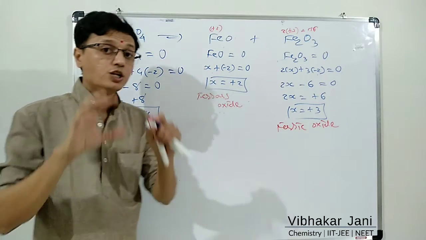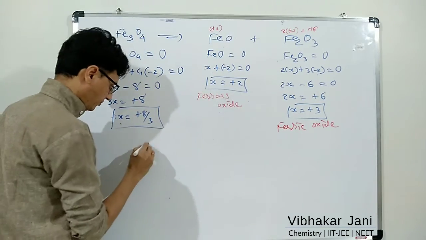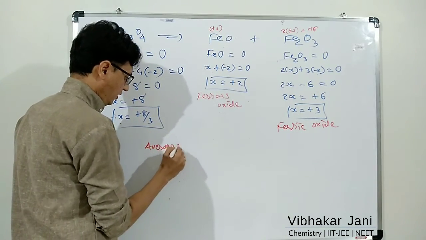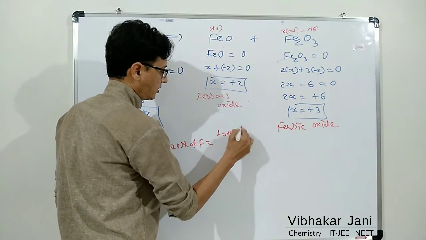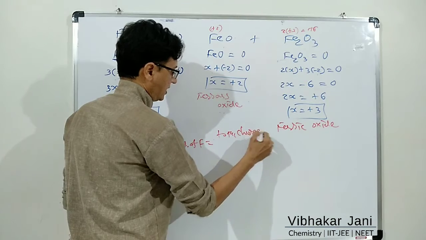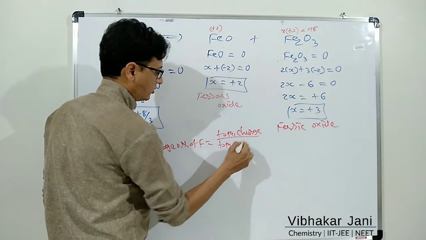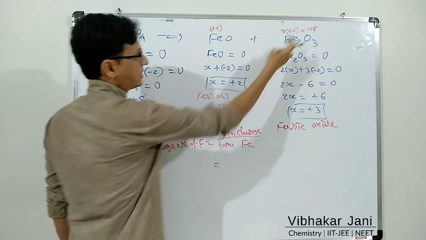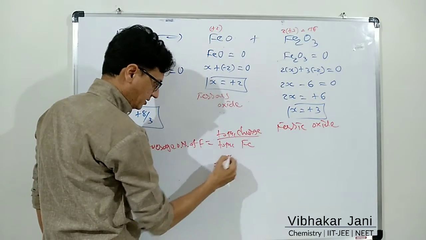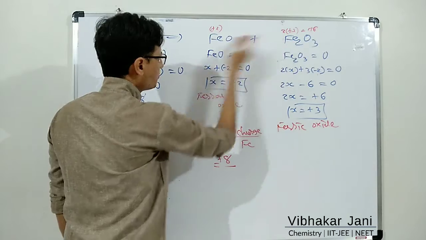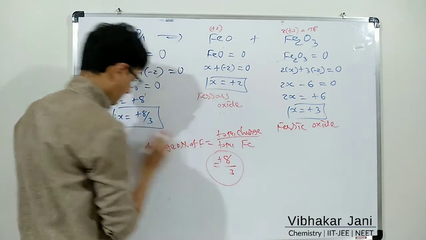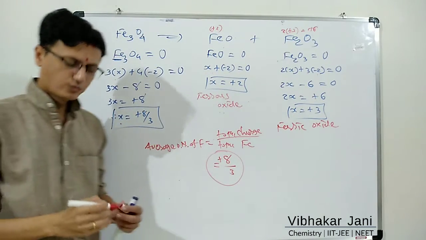So the average oxidation number of Fe is equal to total charge divided by total Fe. The total charge is 6 plus 2, that is 8, divided by the total number of Fe, 2 plus 1, that is 3.